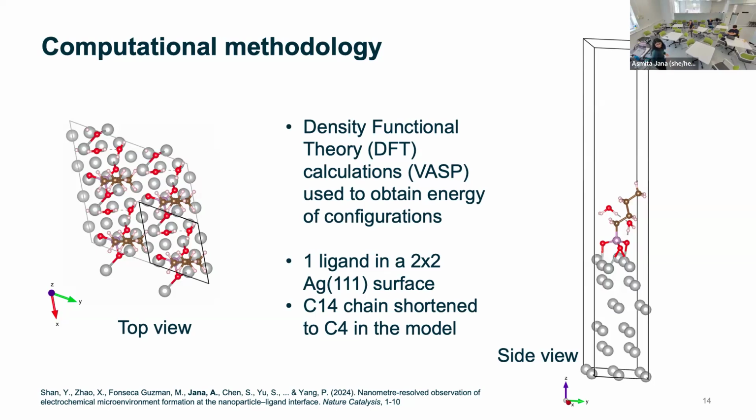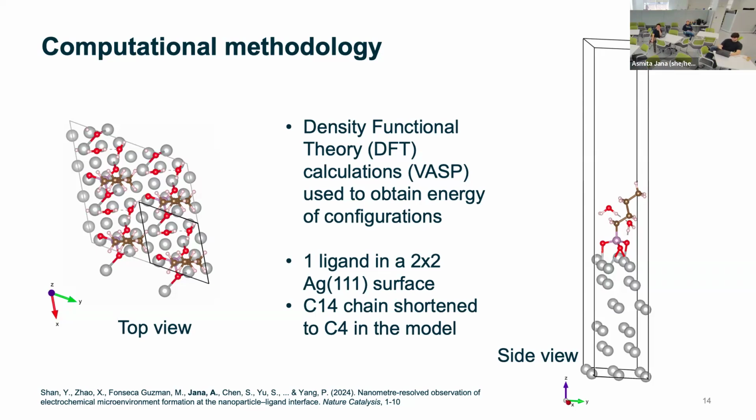The system is so small, which is basically one ligand in a 2x2 supercell, because experimentalists found that this is the ligand density at which the entire system is stable. Luckily for us, it ended up being a perfect fit of 1 in 30 angstrom square, which ended up being one ligand in a 2x2 supercell.